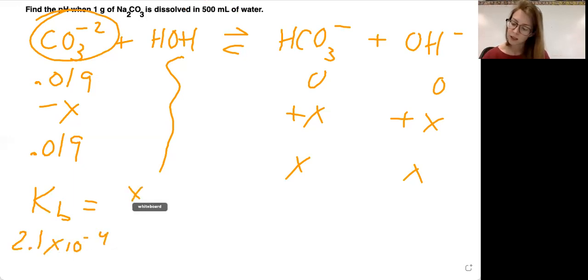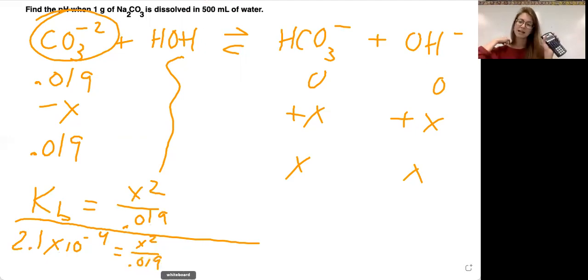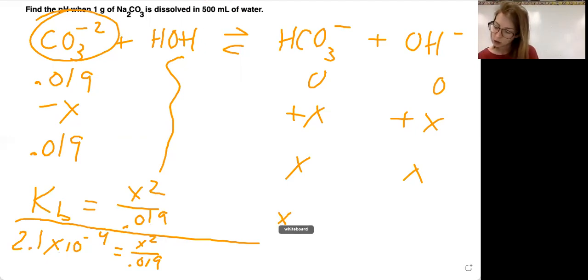And that's going to equal x squared over my molarity. Sorry, it's messy. So 2.1 times 10 to the negative 4 equals x squared over 0.019. I still have that number in my calculator, the 0.01886. So I multiply that by 2.1 times 10 to the negative 4. I get x squared to be a whole bunch of zeros.